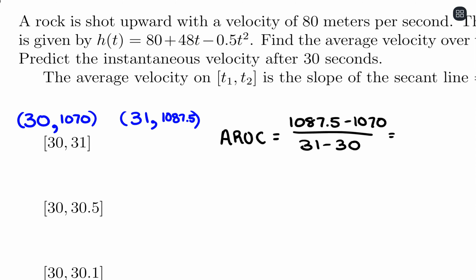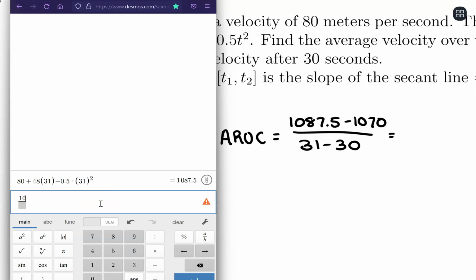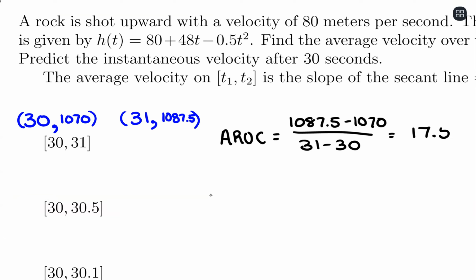We'll plug that into the calculator. 31 minus 30 is 1, so 17.5 would be my average rate of change from 30 to 31.